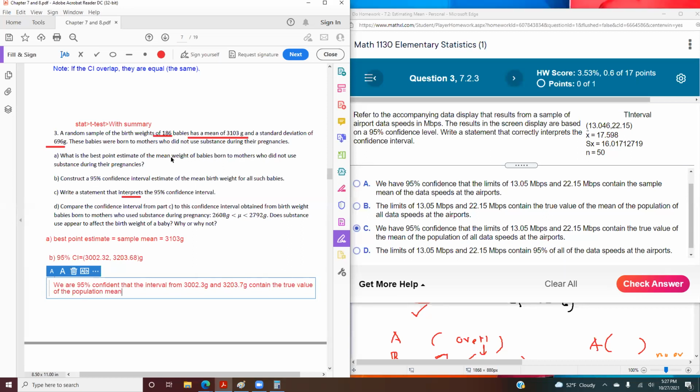So it'll be the population mean weight of babies born to mothers who did not use substance during their pregnancy.